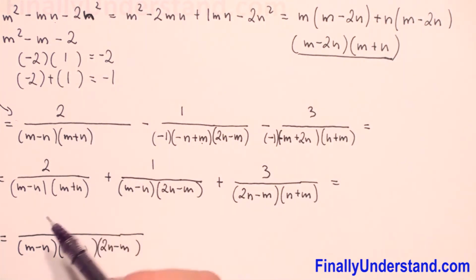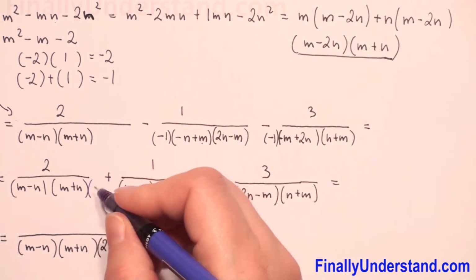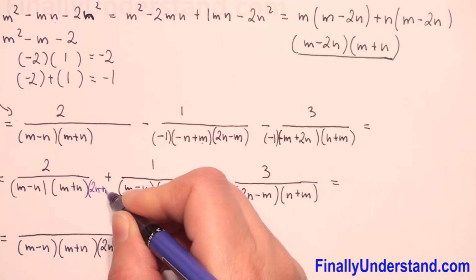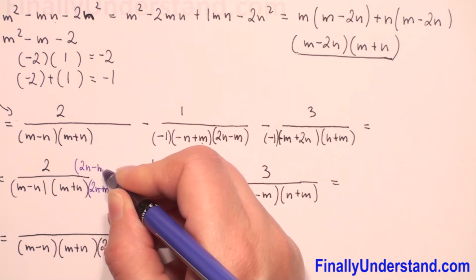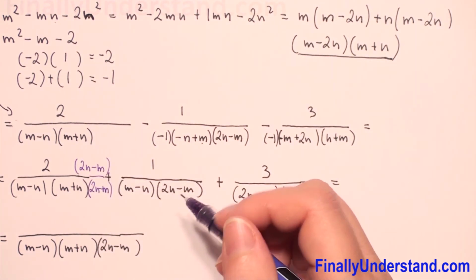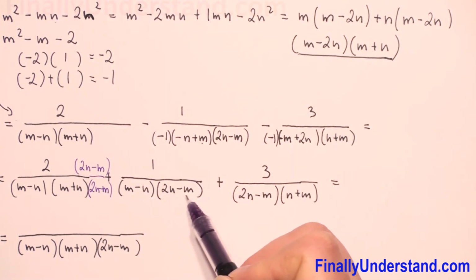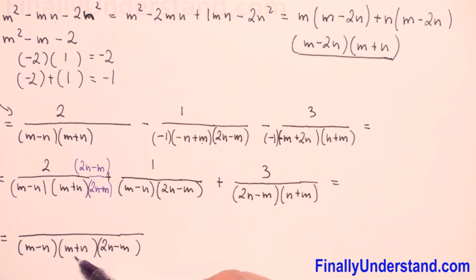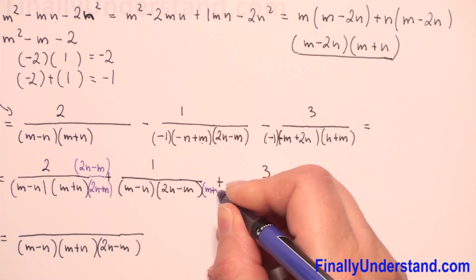Let's check now. The first denominator has m minus n times m plus n. So the beginning is the same, but now we add this term. So if I multiply this denominator by 2n minus m, I have to multiply the numerator by the same expression. And next, the second denominator, we have m minus n, 2n minus m, okay, but we don't have m plus n, so I will multiply this denominator by m plus n.